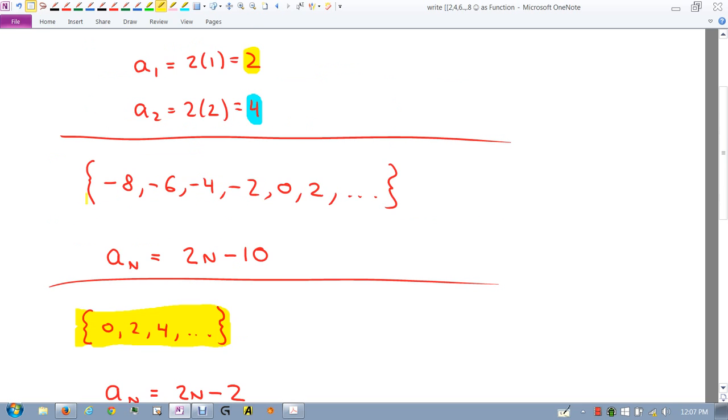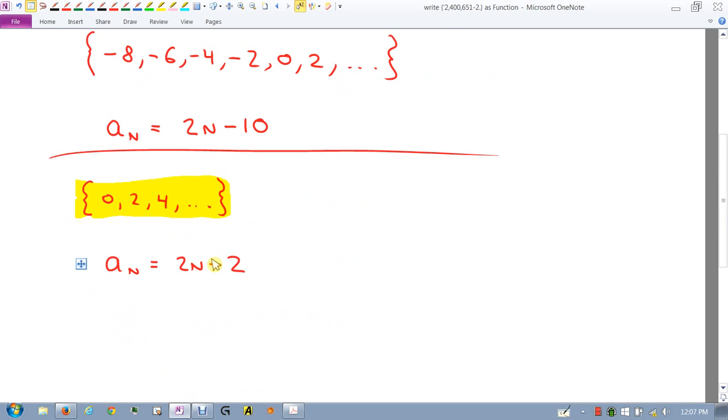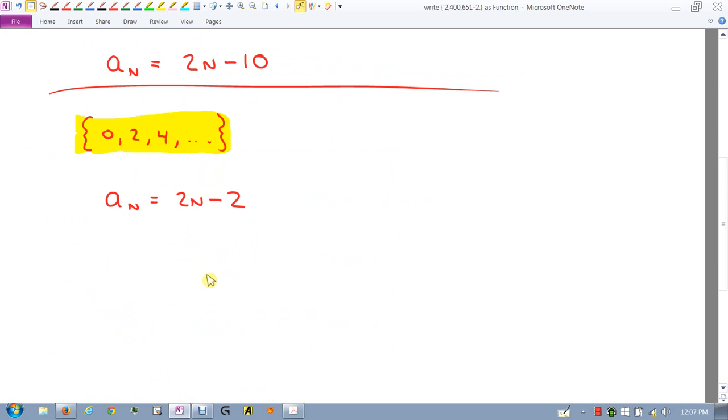And the one that we did up here was the even numbers starting at 2. And those are pretty common. A lot of times you'll try and start a sequence off and you're like, I need to get the even numbers, but I want them to start at 0. So you'll use 2n minus 2. Or you'll say, I need to start at 2 instead, so you use the 2n by itself. So just be familiar with those.